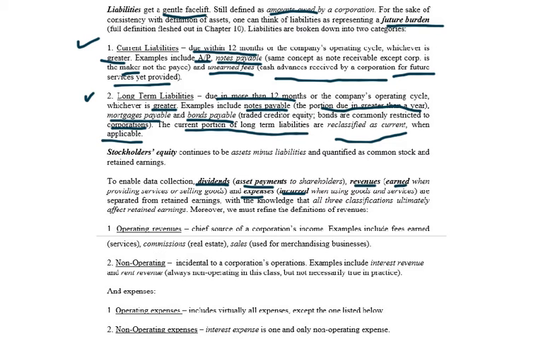We want to think of these as being separated, and we will separate them from retained earnings, with the knowledge that all three classifications ultimately affect retained earnings. So we understand that, but we need to separate them. We can't keep them in the retained earnings account because, as I demonstrated in the accounting equation format, there's just too much happening there.